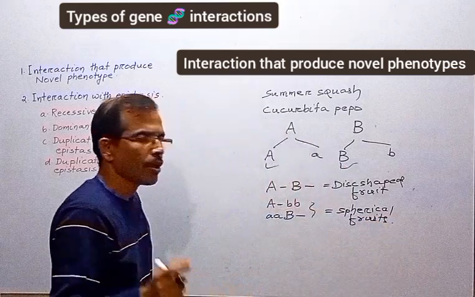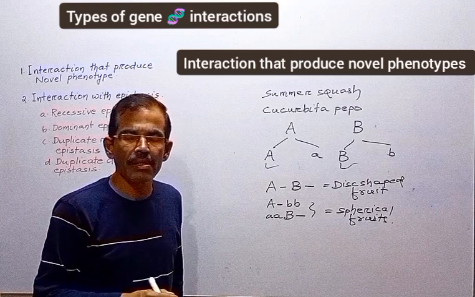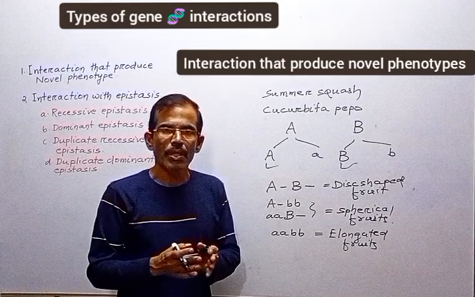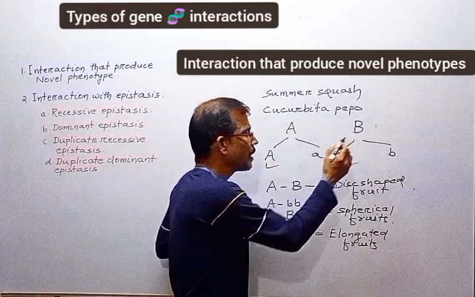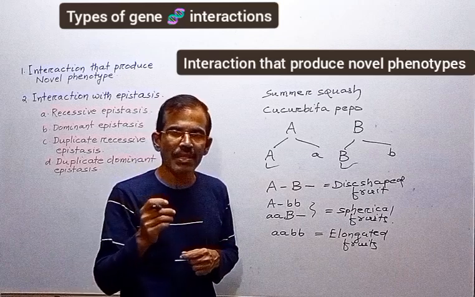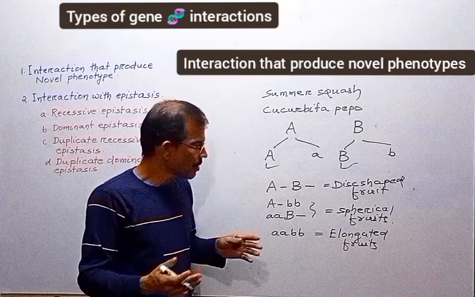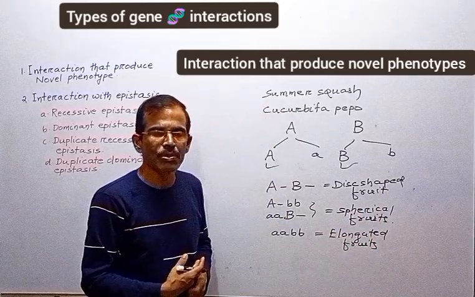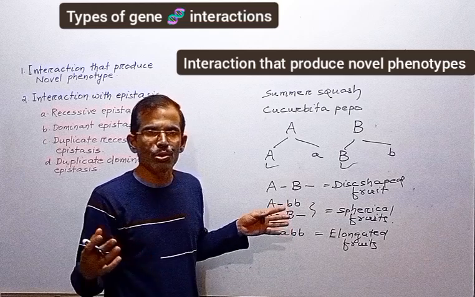But when both genes A and B have only recessive alleles, then the fruits are elongated. So in Cucurbita pepo, two genes A and B interact to produce a single characteristic, which is the fruit shape. In this example, spherical fruits are novel phenotypes which are produced due to the interaction between two genes.